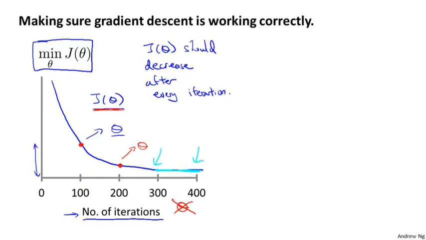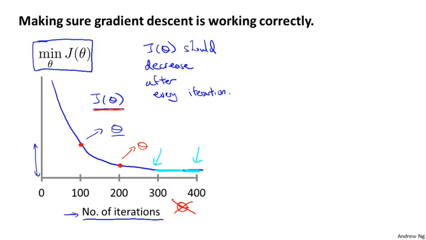So by the time you get to 400 iterations, it looks like this curve has flattened out here. And so way out here at 400 iterations, it looks like gradient descent has more or less converged because your cost function isn't going down much more. So looking at this figure can also help you judge whether or not gradient descent has converged.